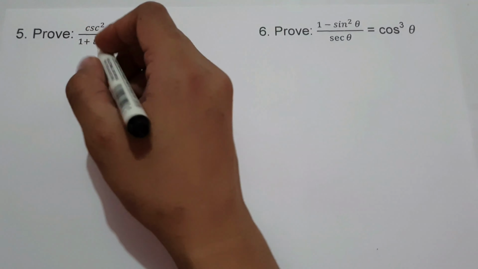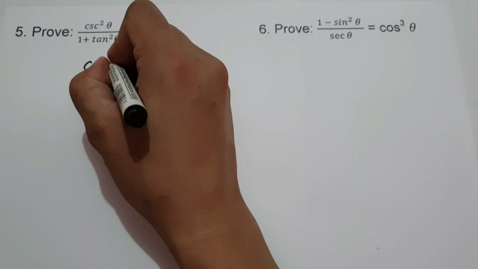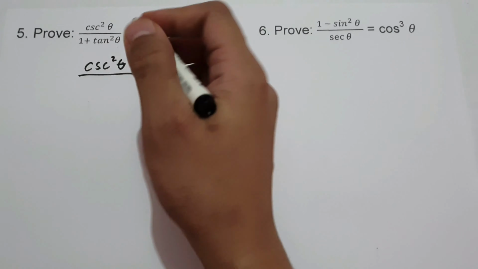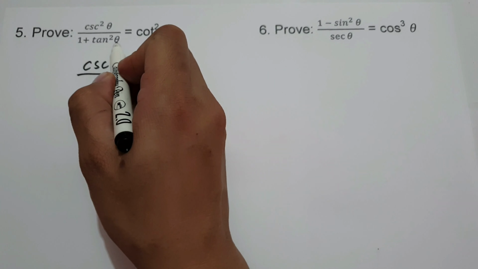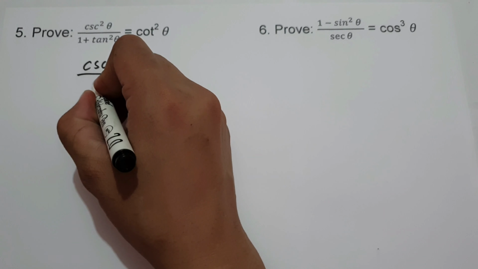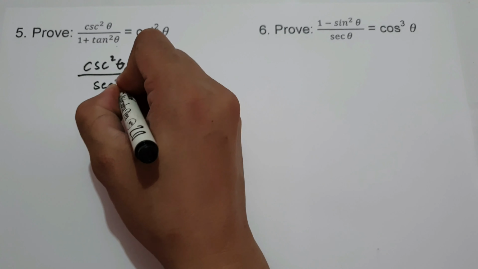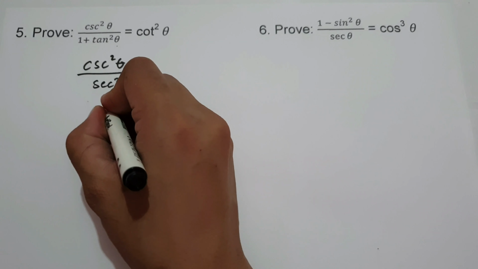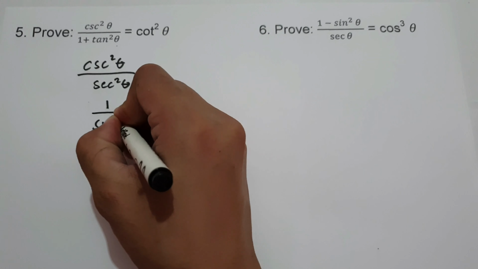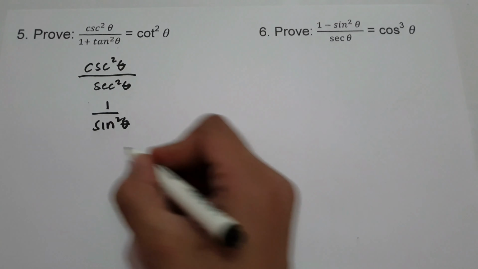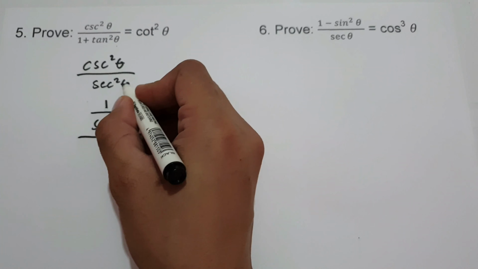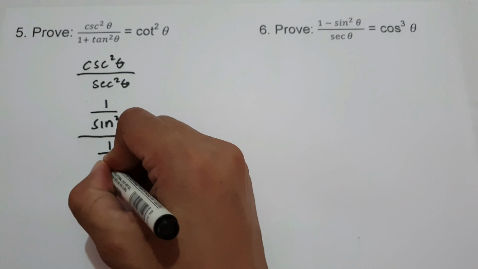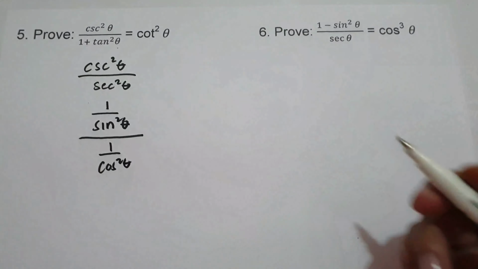So let us rewrite first cosecant square theta, because 1 plus tangent square theta is equal to secant square theta. And cosecant square theta, that is 1 over sine square theta, over secant square theta, that is 1 over cosine square theta.